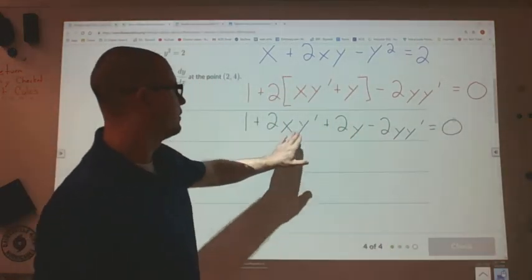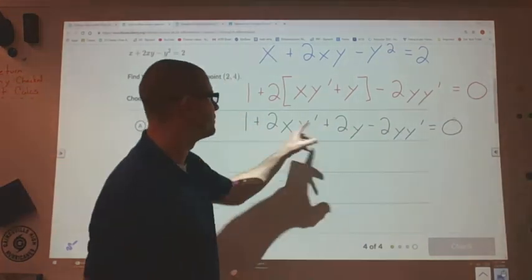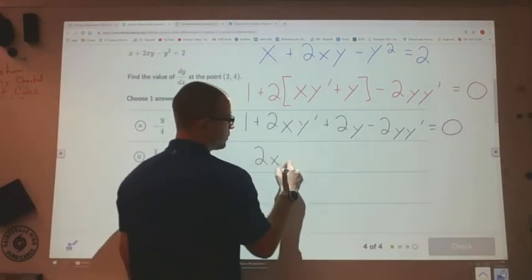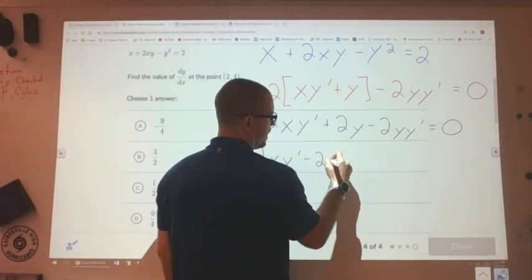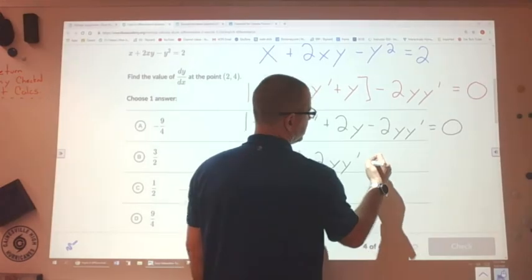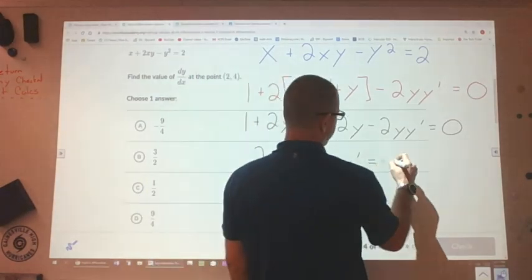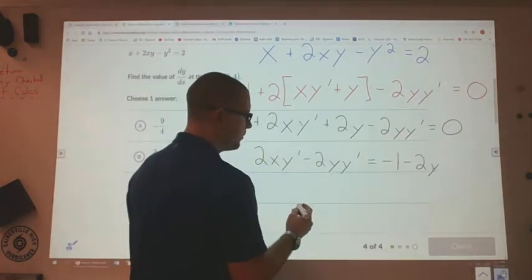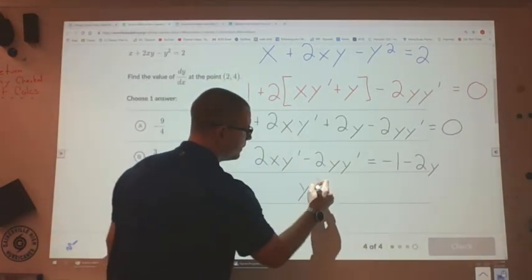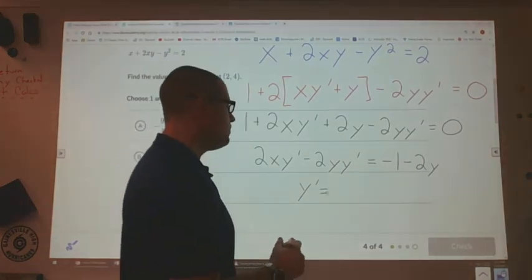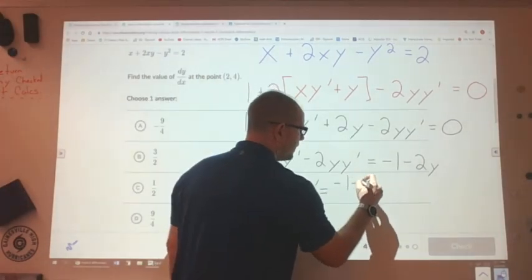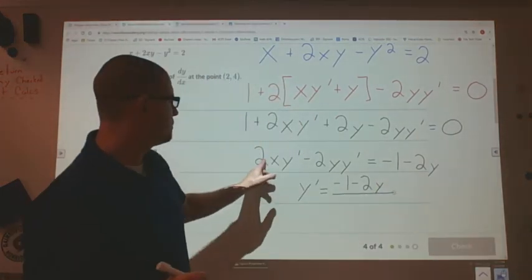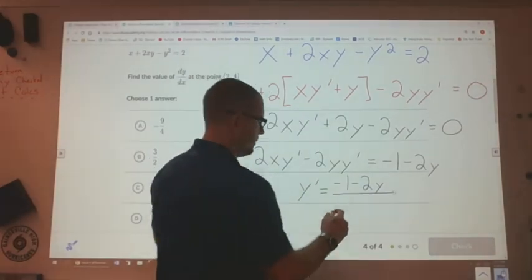Getting the terms that I want with the y prime on one side, moving the terms I don't need onto the other side, we would have 2x y prime minus 2y y prime is equal to negative 1 minus 2y, subtracting these two over. And then we're just going to divide out. So we have y prime is equal to our negative 1 minus 2y over 2x minus 2y.